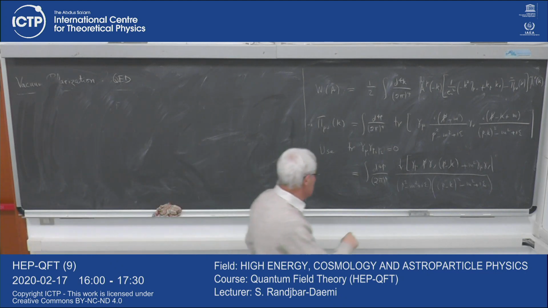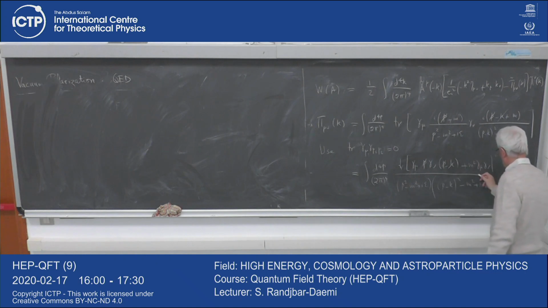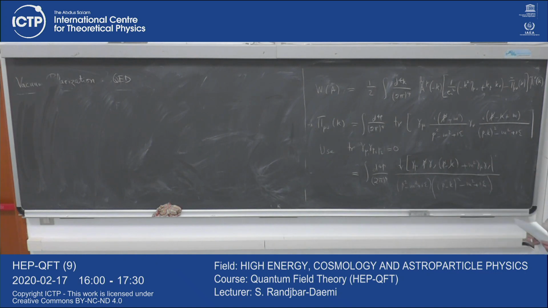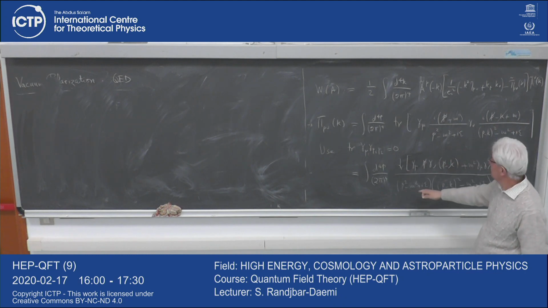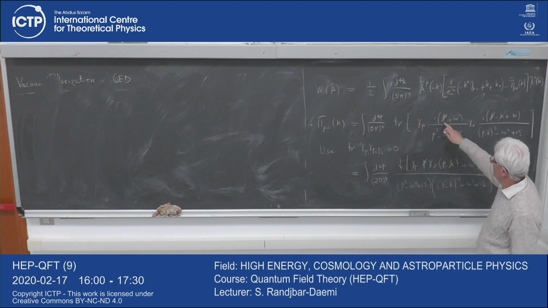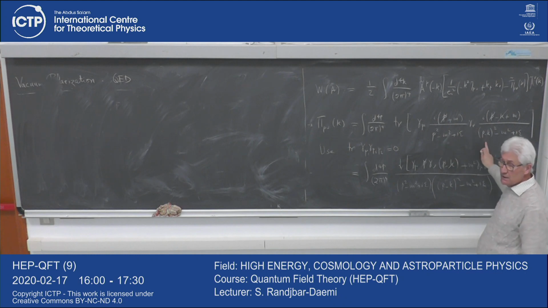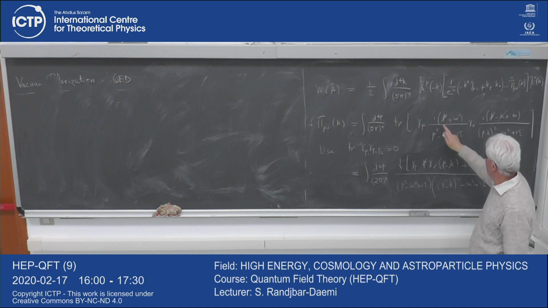This calculation, apart from its usefulness for finding things like the correction to the Coulomb law, should give us something good, in the sense that this term is given by this integral, and this integral is quadratically divergent. Okay? There are 5 powers of p in the numerator and 4 powers of p in the denominator. So this 4 plus 5 minus 4, it's linearly divergent.